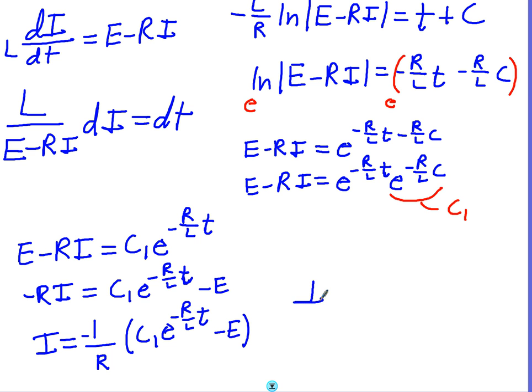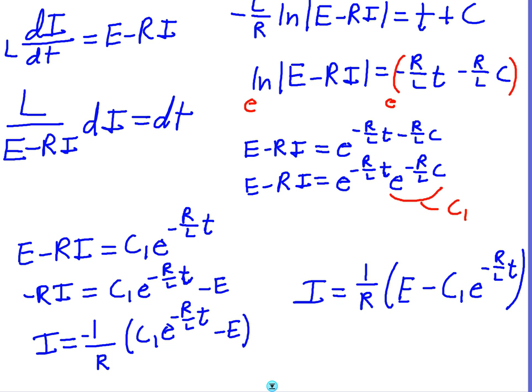So we'll get I equals 1 over R times E minus C1 e to the negative R divided by L t. And there we go. We've got I by itself.